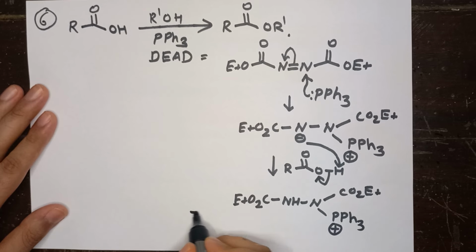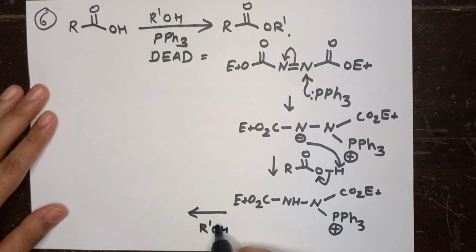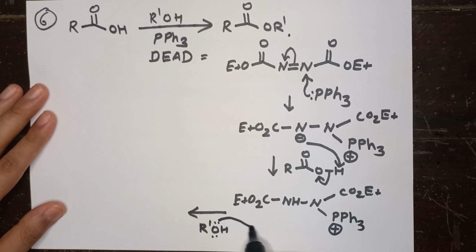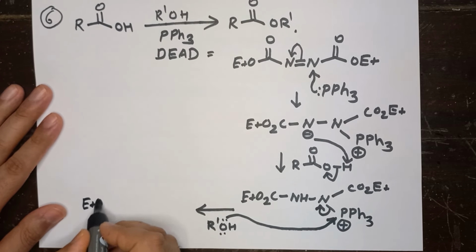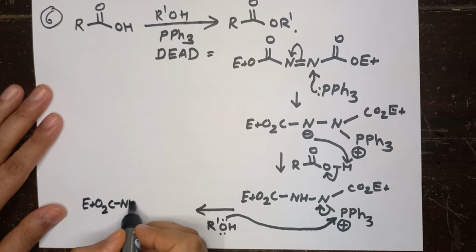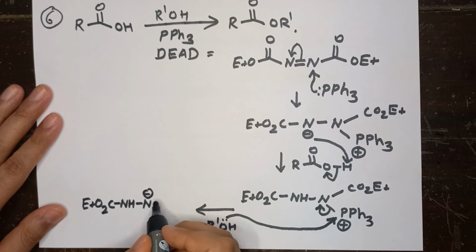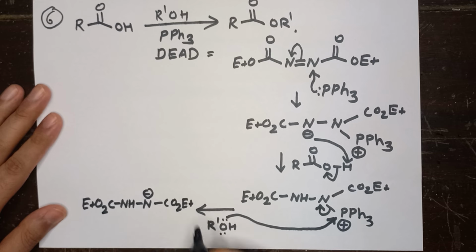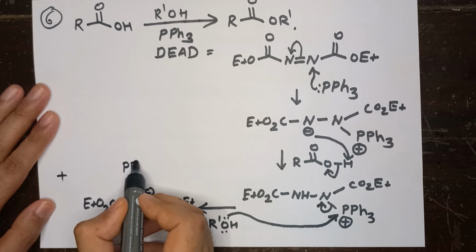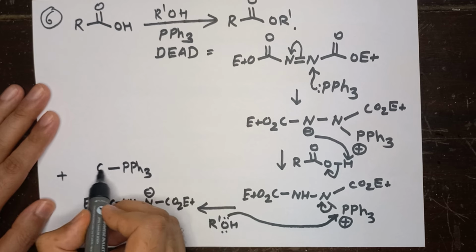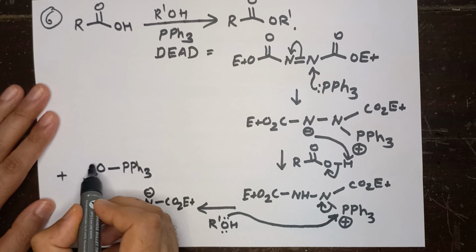Now the alcohol will come and this alcohol is going to form a bond with this phosphorus, and this bond is going to break and fall on nitrogen. So now we have EtO2C NH, N bearing negative, another CO2 ET, and we have also PPH3 bonded with oxygen, hydrogen, and R dash.